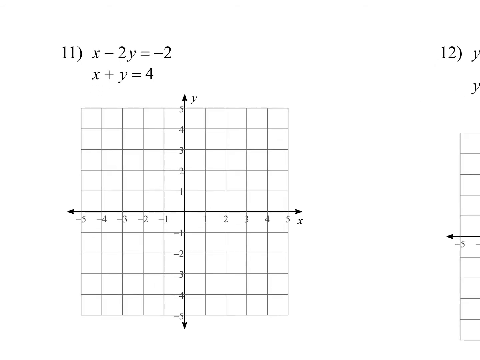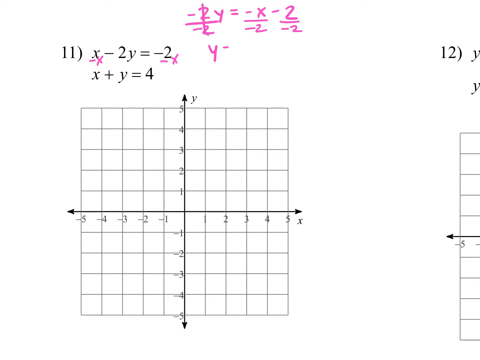So for the first equation, I need it to be in slope-intercept form. So what should I do? Subtract x, since it's positive, I want to subtract it. So I have negative 2y is equal to negative x minus 2. And then what should I do? Divide everything by negative 2.